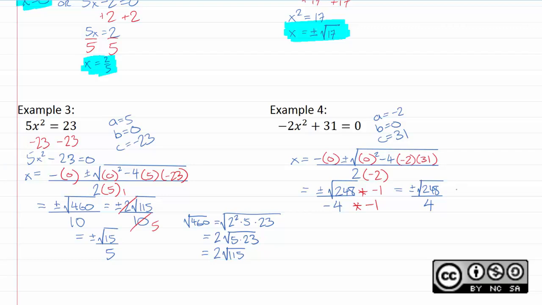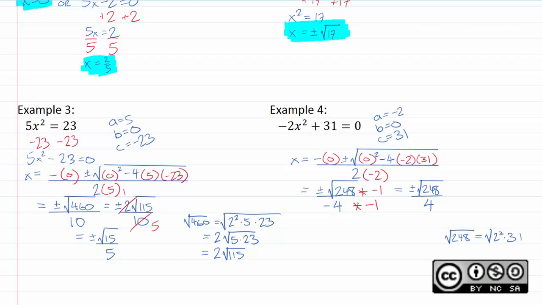Well, if you prime factorize it... actually, let's isolate the square root of 248. So we have the square root of 248. And this breaks down into 2 cubed times 31.